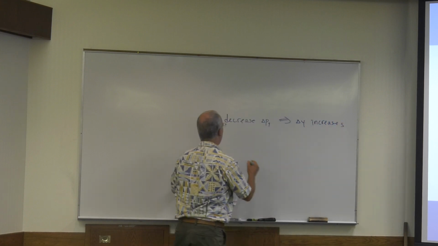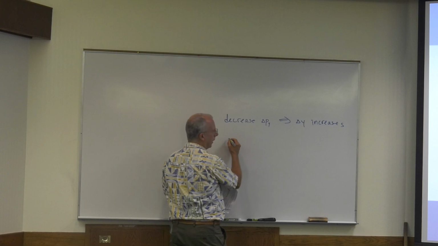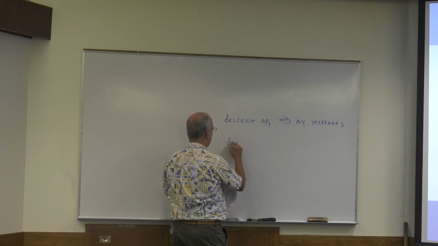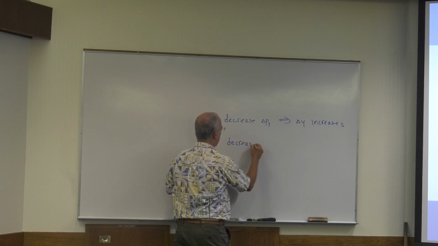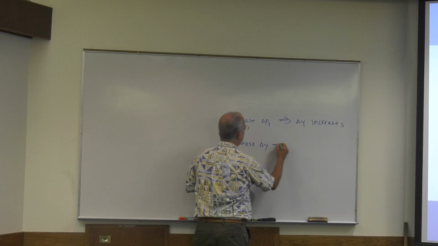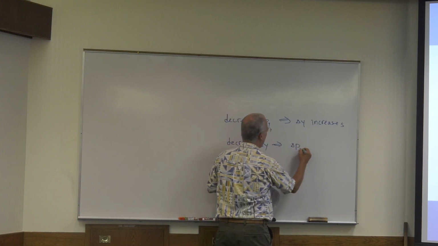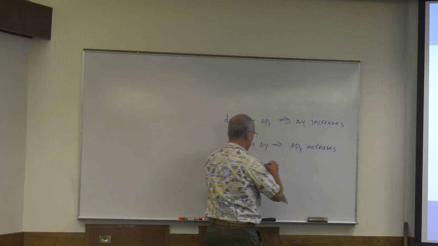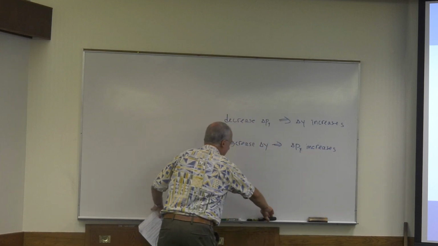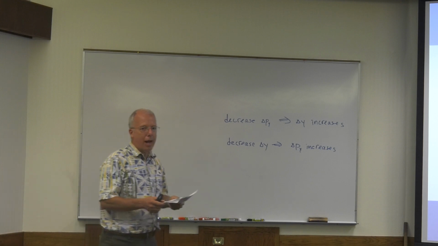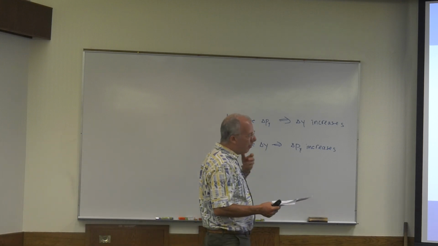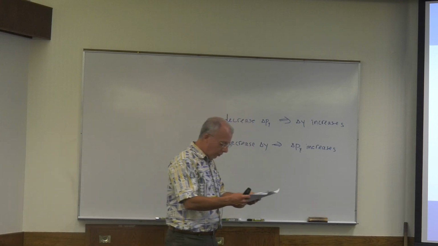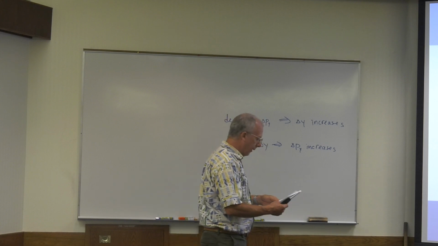Then what we saw is if we decrease our delta y, then delta py increases. So what's the bottom line? You can't shrink both of them.